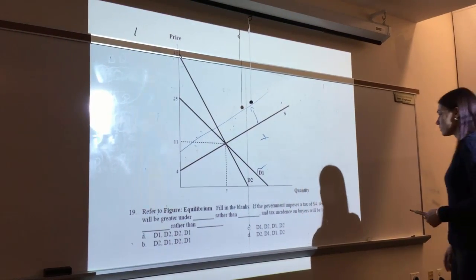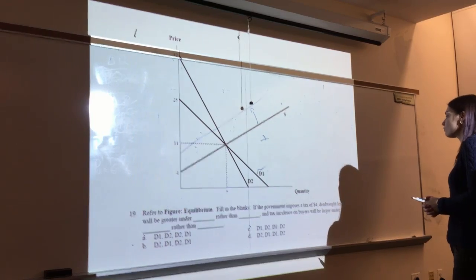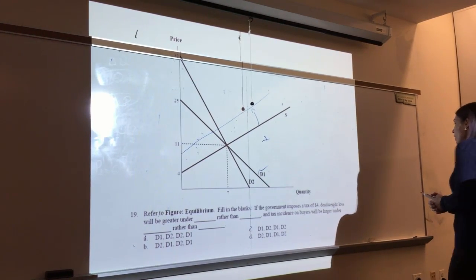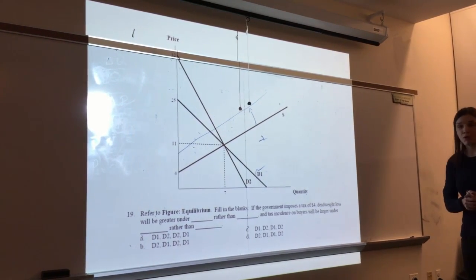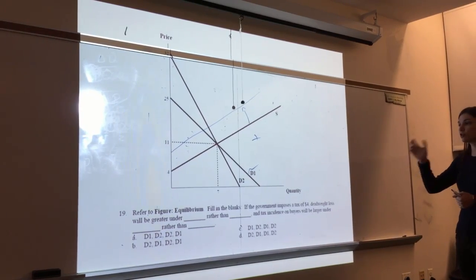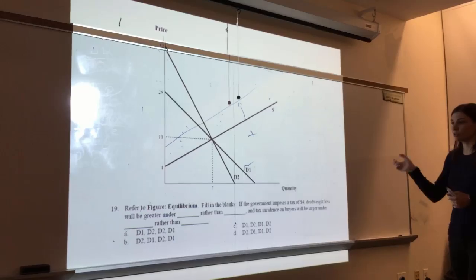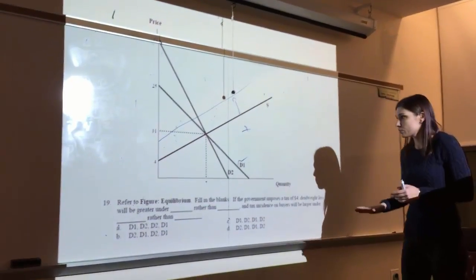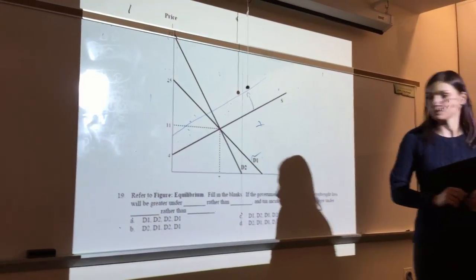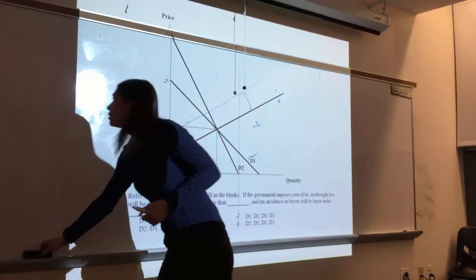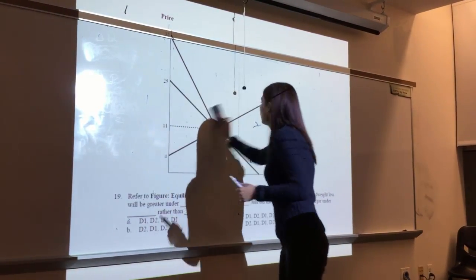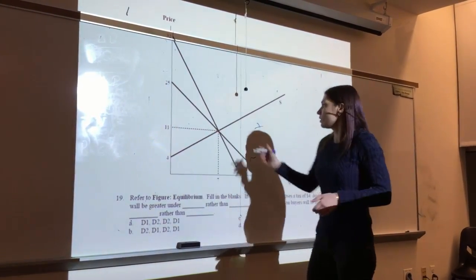All right, fill in the blanks. If the government imposes a tax of $4, deadweight loss will be greater under which curve rather than the other? And tax incidence on buyers will be larger under, again, which curve? So let's look at the first one. When there is a tax, right?